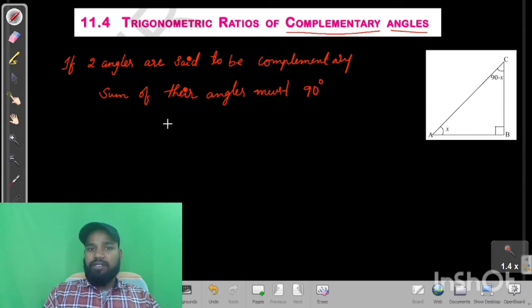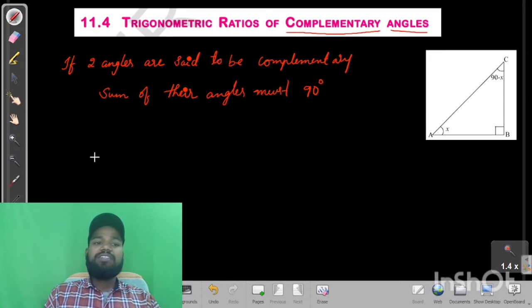Okay, do you understand what I am saying? Any two angles are said to be complementary if the sum of the angles is 90.